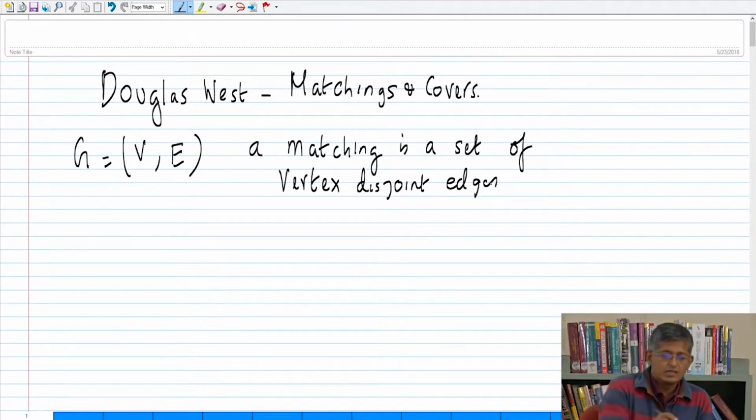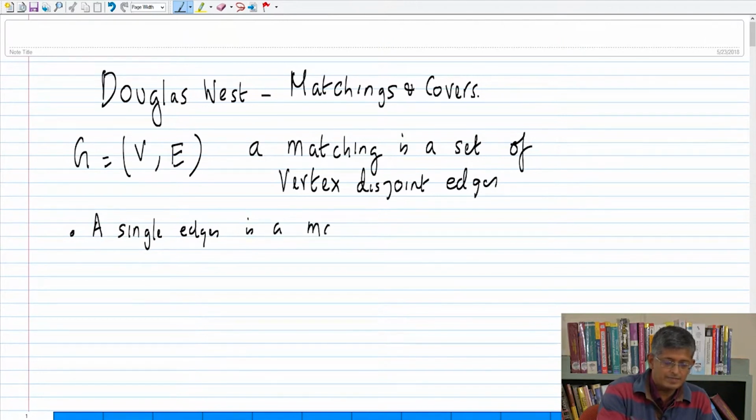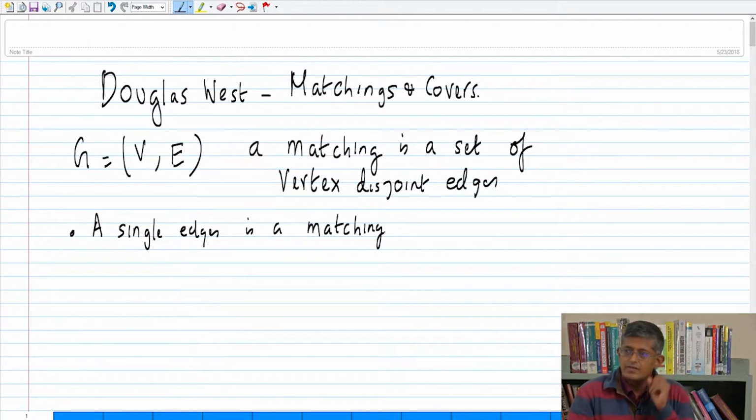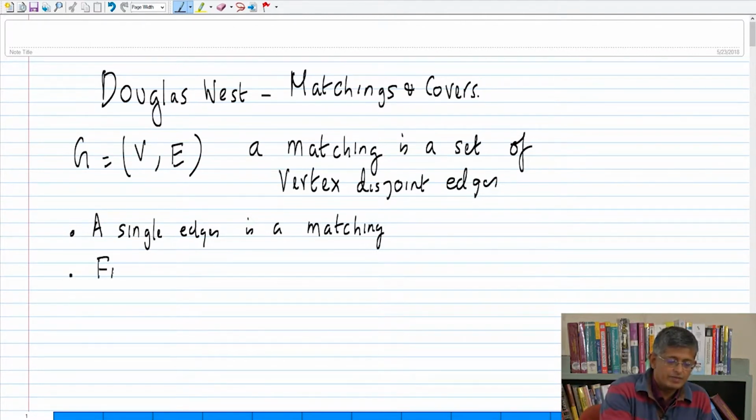So, for example, a single edge is a matching. Therefore, the natural question to ask is to find a maximum cardinality matching.